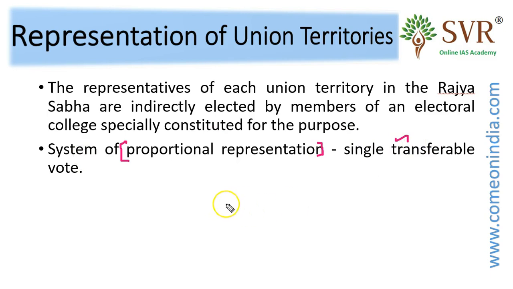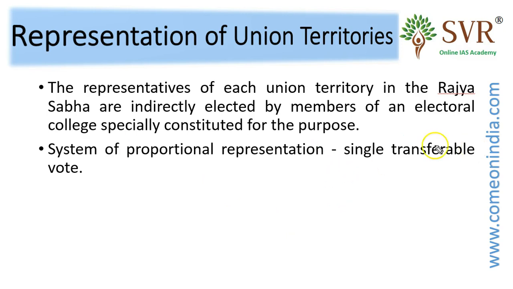We have earlier seen that for selecting the representatives of the states, MLAs vote to select the representatives. But in the case of Union Territories, they have an electoral college to select the representatives. It is a difference between the mode of selection of representatives of states and Union Territories.